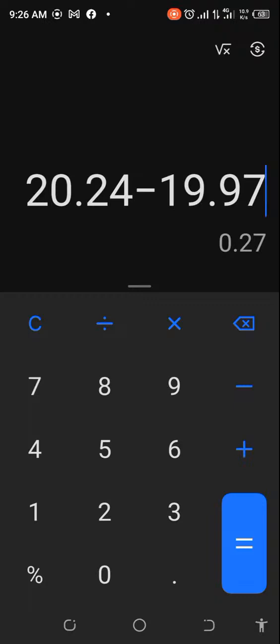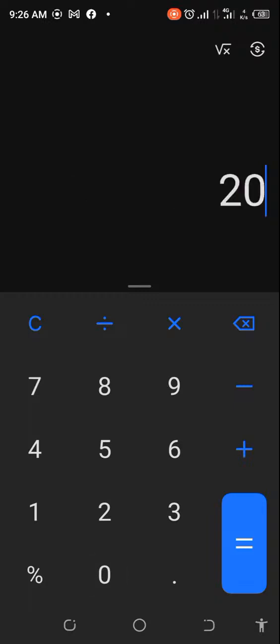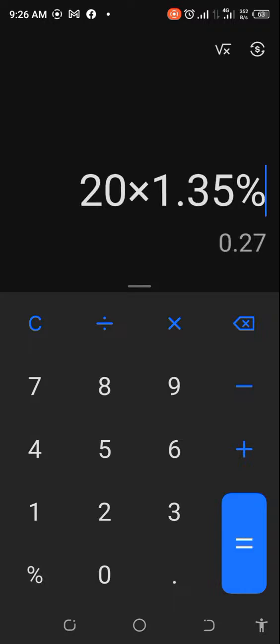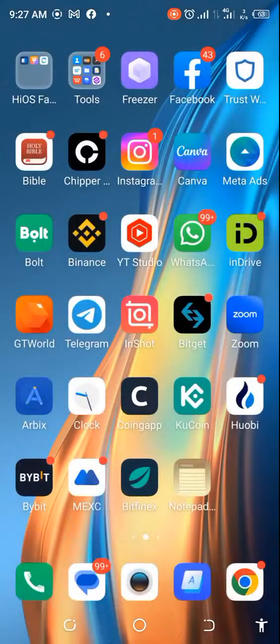So 27 cents on top of our 20 cents should be like 1.35%. So that means we actually had a profit potential of 1.35%, which is not bad, right? So 27 cents over our 20 USDT, which is fine.